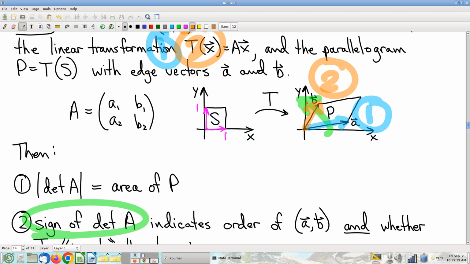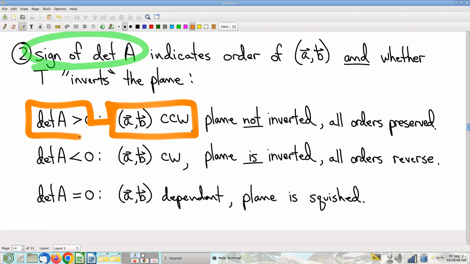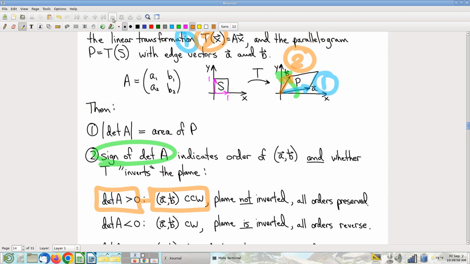This is clearly a counterclockwise order, and counterclockwise corresponds to the determinant being positive. Just by looking at the picture, the fact that this is clearly counterclockwise tells me, I don't even know what the matrix is, but the determinant has to be positive because the list is counterclockwise.